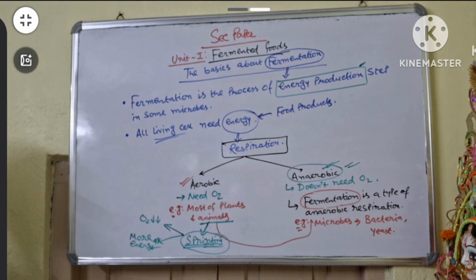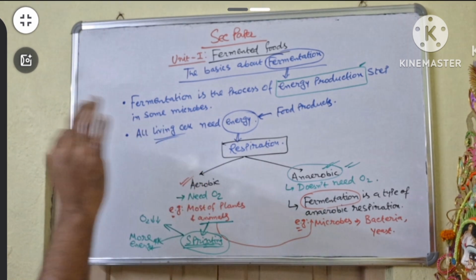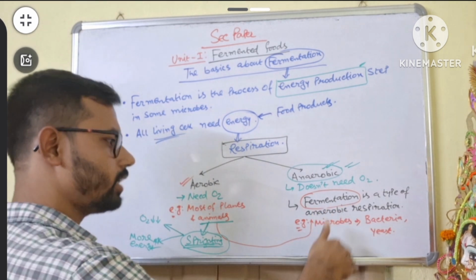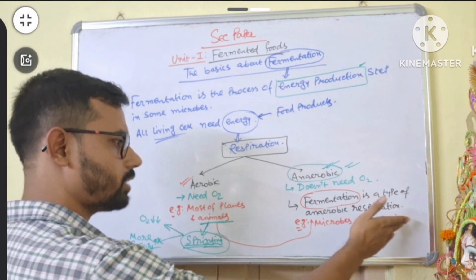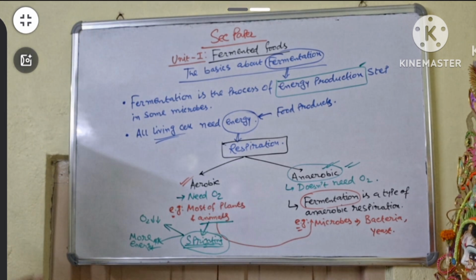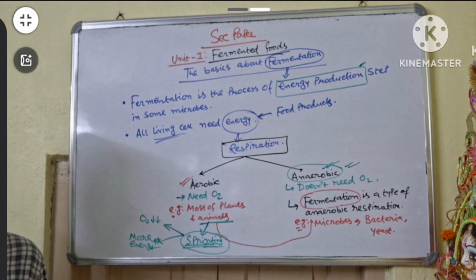So in certain situations humans, the highest order animal, can do fermentation, but most of the time they do aerobic. Microbes like some bacteria and yeast do sometimes aerobic, sometimes anaerobic based on the situation, but some bacteria always do anaerobic because they prefer to live in anaerobic conditions and get habituated to that.